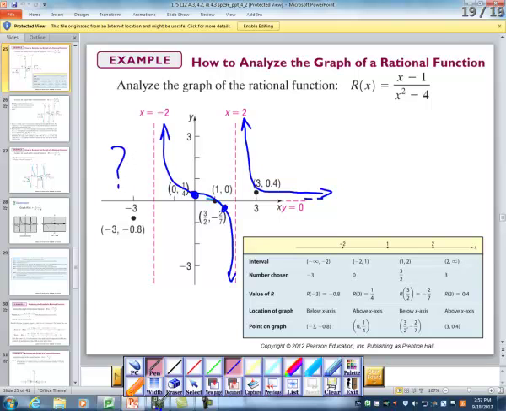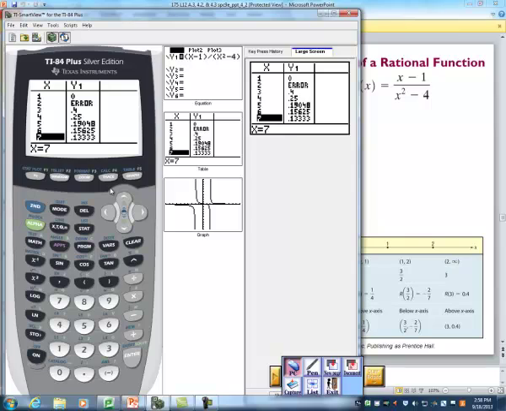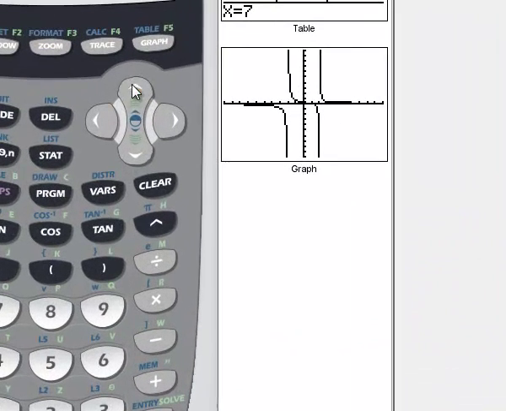So we go to our graph, and we look at what the graph is doing at values less than negative 2. Well, there's negative 2, there's our asymptote, and notice negative 3 is a negative value, so it's going to be below the x-axis. And see, these are all negative, negative, negative.